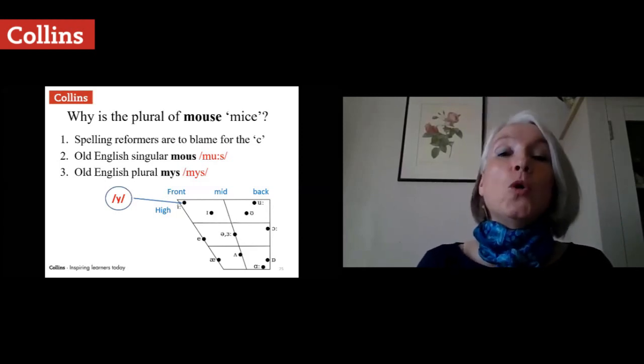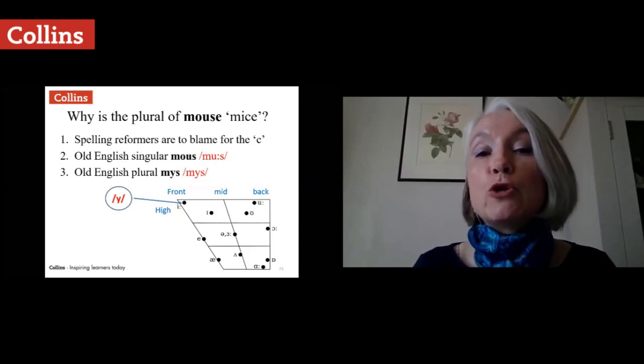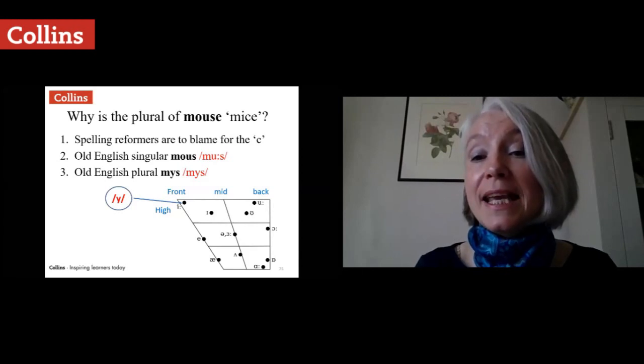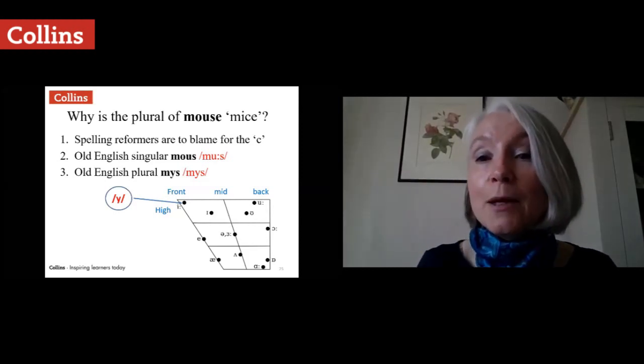So the original Old English singular was moose, oo, with that long U sound, made at the back of the mouth. Look at the chart. You'll see it high up at the back of the mouth, the long U. Oo, with rounded lips.